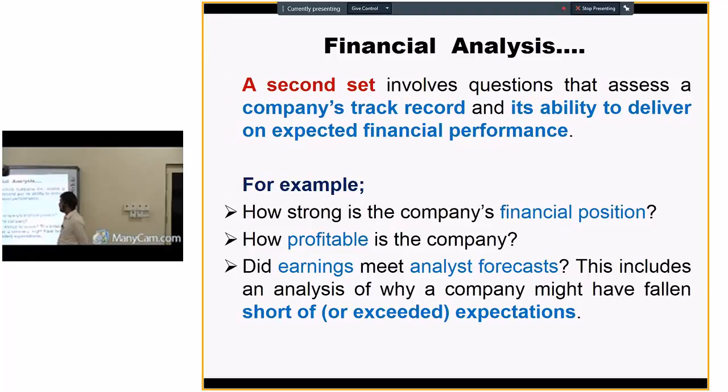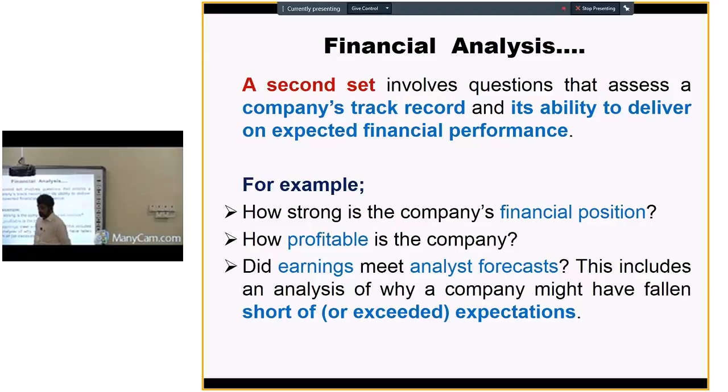Did earnings meet analyst forecasts? This includes an analysis of why a company might have fallen short of or exceeded expectations, right? Those are another set of questions, and to provide answers for this type of questions, we can apply that financial analysis.